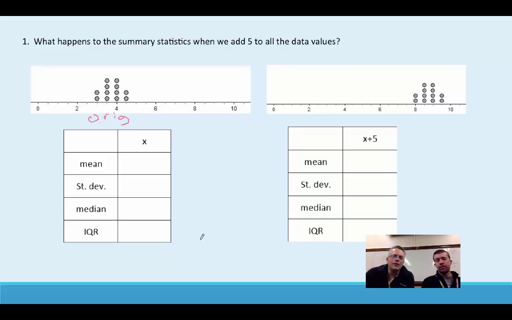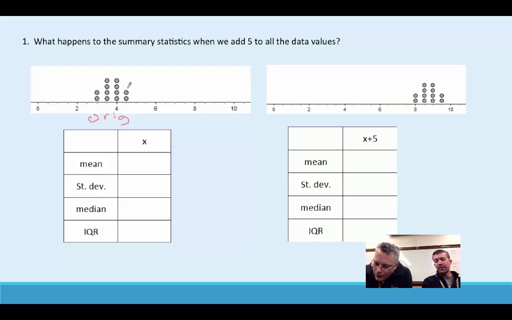For the original data, we have to calculate the mean, the standard deviation, and the IQR. Mr. Lewis will read the data values off to me: 3, 3.5, 4, 4.5.